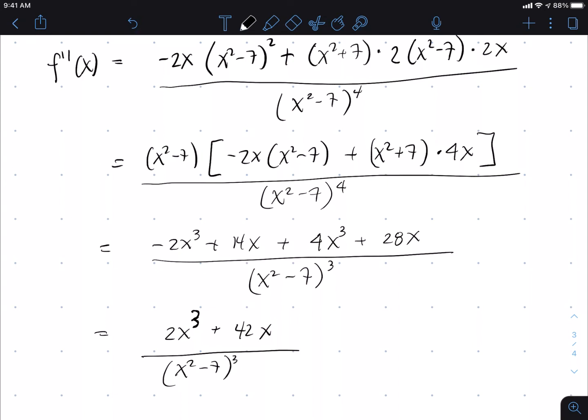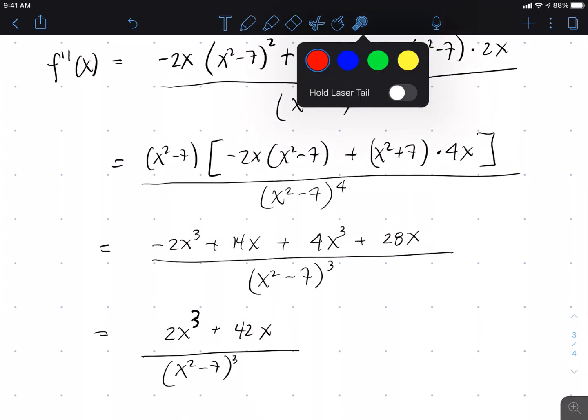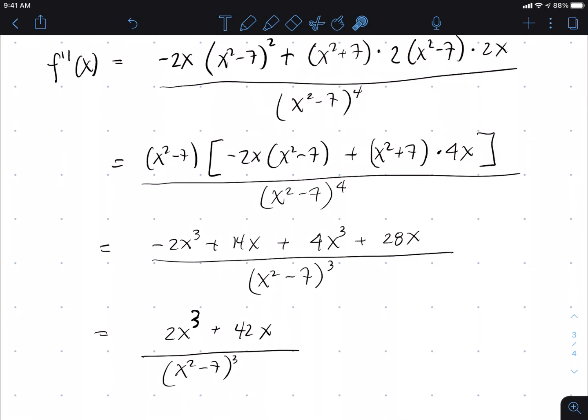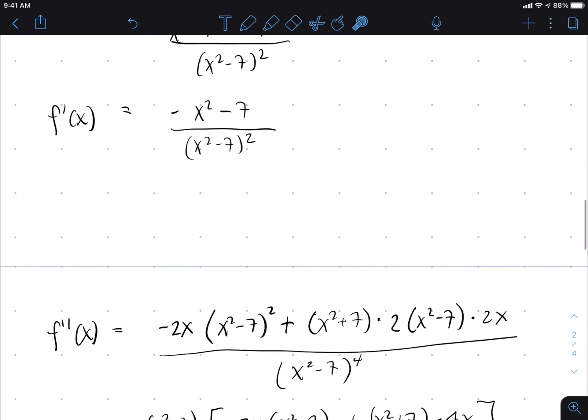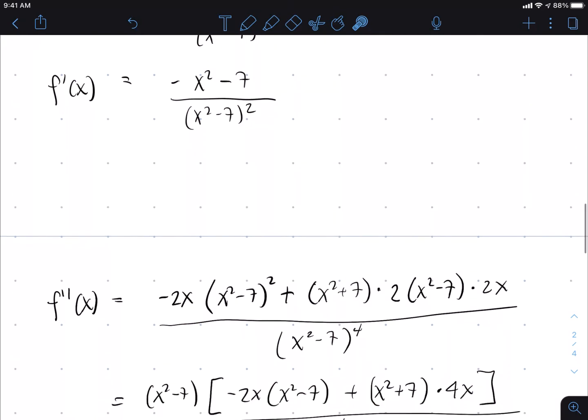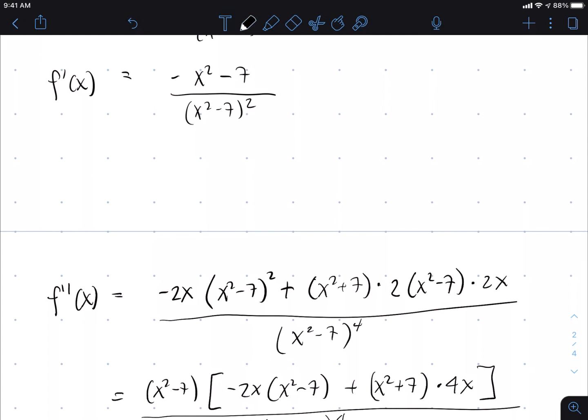I have a question. Sure, please. Did you drop the negative on all of the x squared minus 7? Isn't it supposed to be a negative x squared minus 7? So the top one is a negative x squared minus 7, but the bottom one is x squared minus 7. So you need to know which one you're talking about. Does that make sense? Yeah. Another way you can look at it is I did it like this.